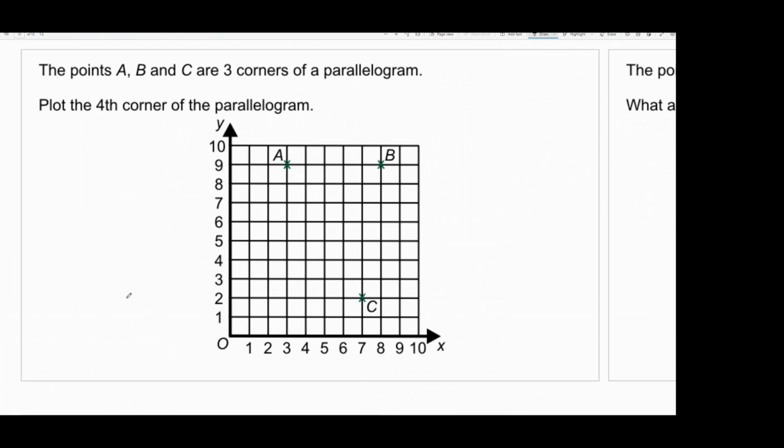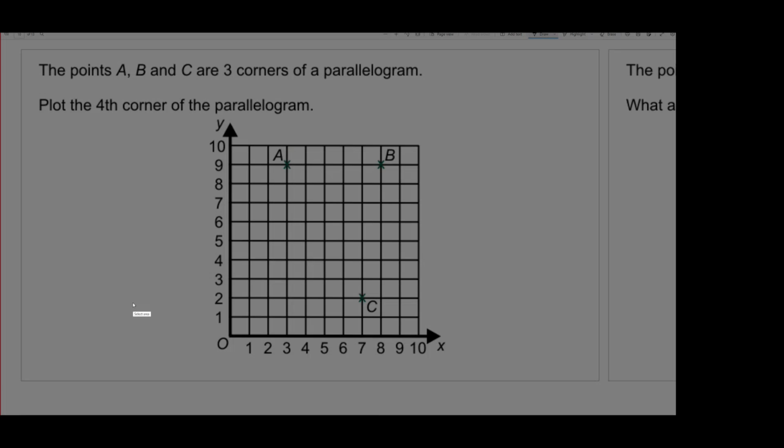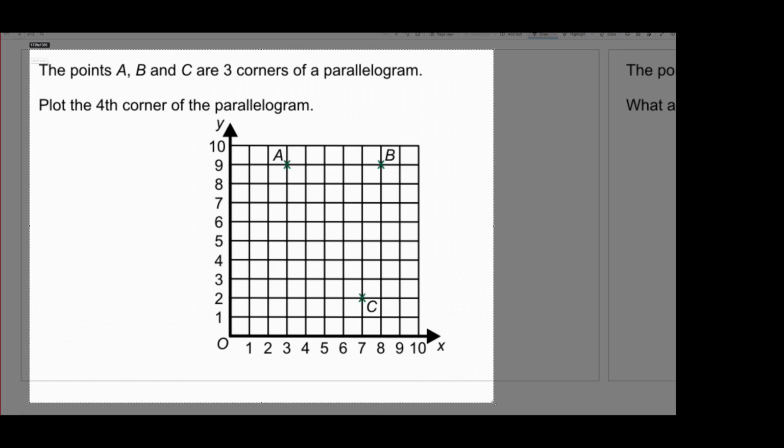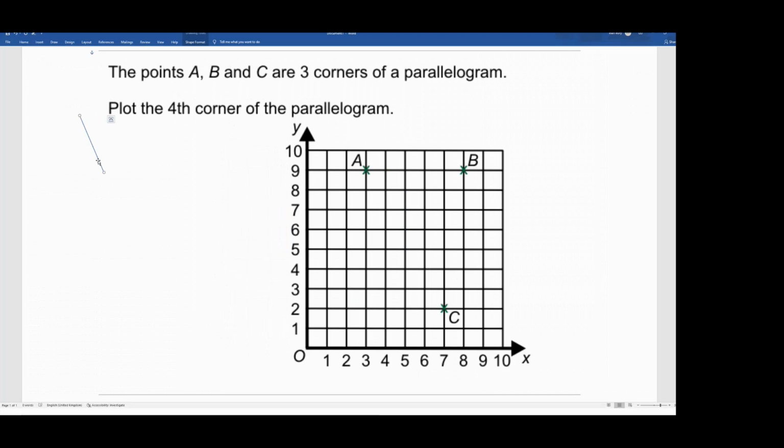Here we go. So A, B, and C are three corners of a parallelogram, and we want the fourth corner. So if I put a parallelogram, we want to use a ruler. Yep.